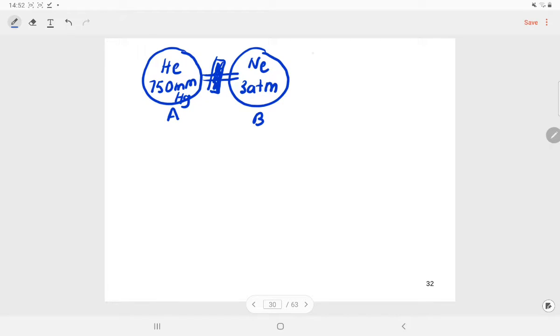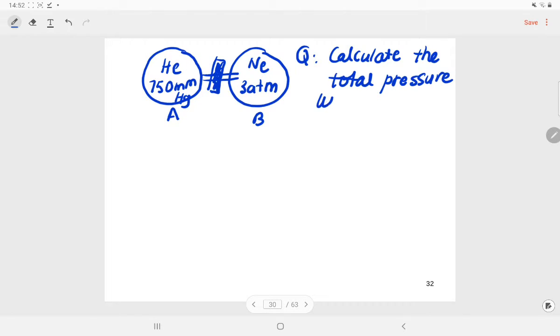The question here is to calculate the total pressure when the valve is open. What does it mean?